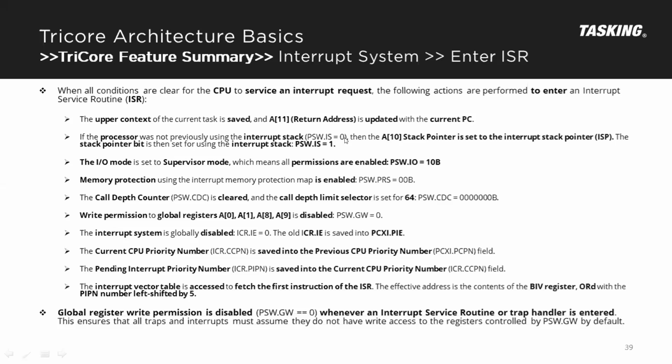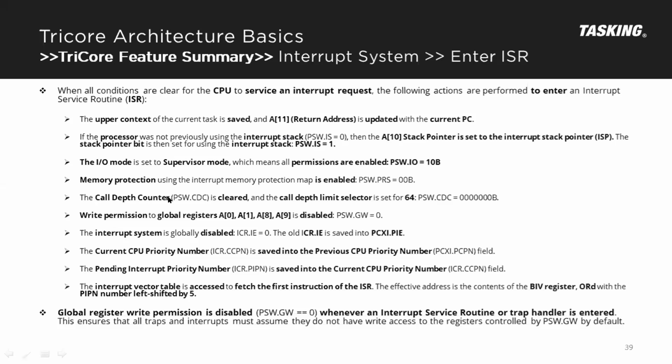If it's 0, I use the A10 address register as the stack pointer and set it to point to the interrupt stack pointer, and at the end the processor sets this bit to 1 to indicate that the interrupt stack is already in use. The I/O mode is set to supervisor mode, so all permissions are allowed, and memory protection is enabled.